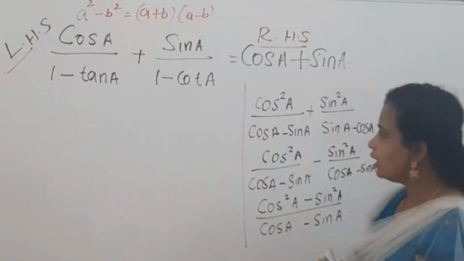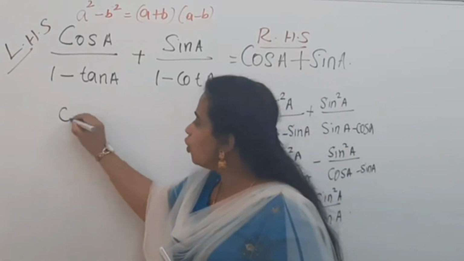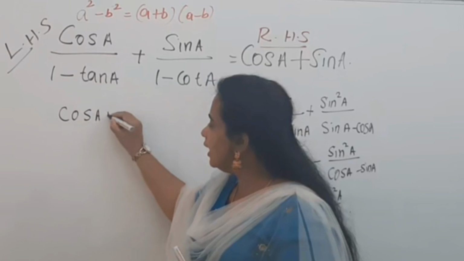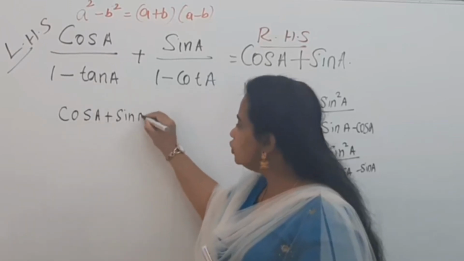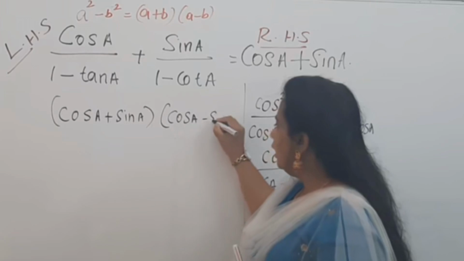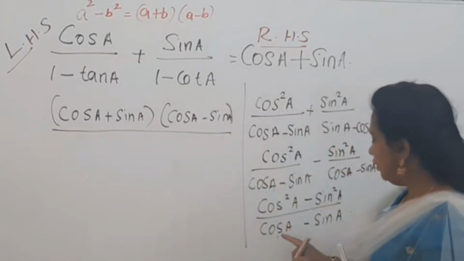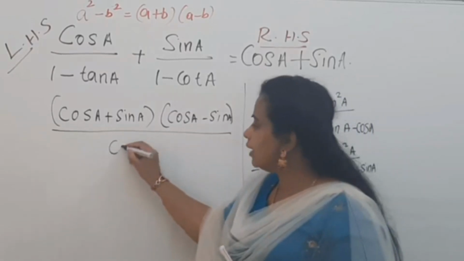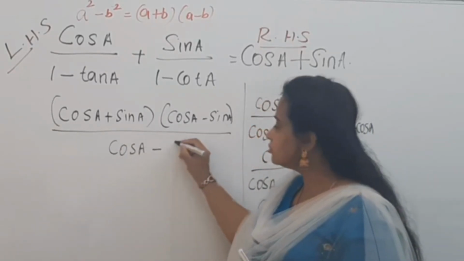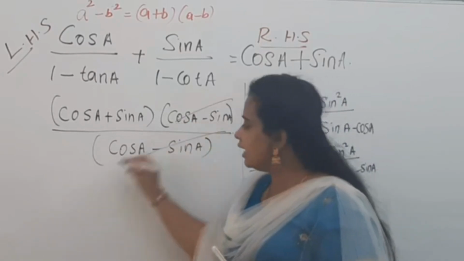So I'm going to write here cos square A minus sine square A as cos A plus sine A into cos A minus sine A. So A plus B into A minus B divided by cos A minus sine A. So it is already in the denominator, it gets cut.